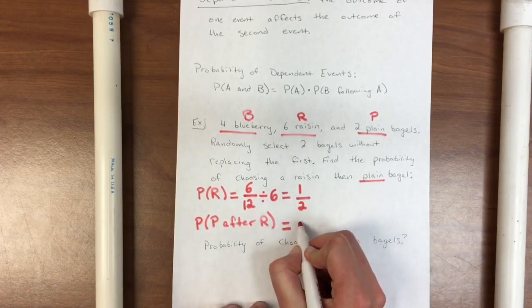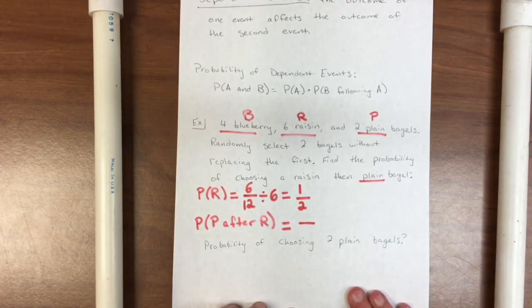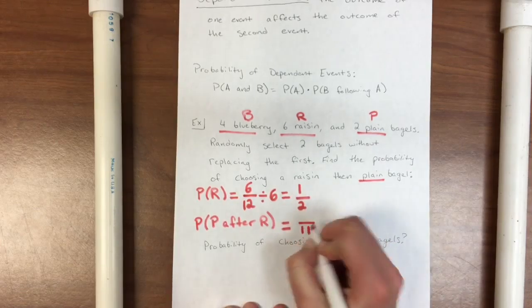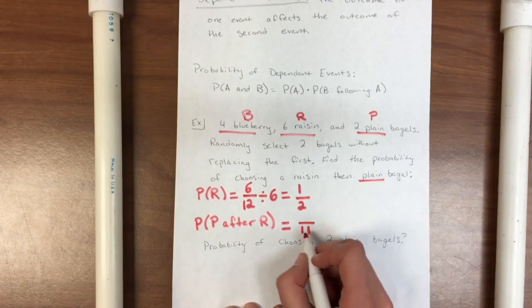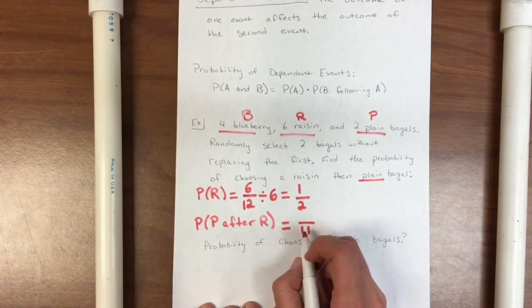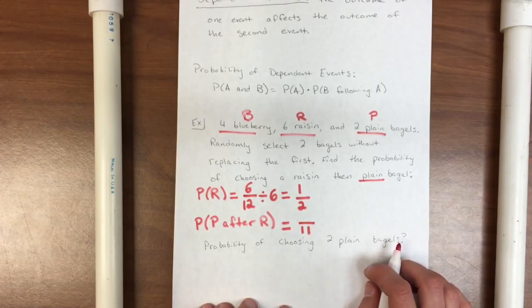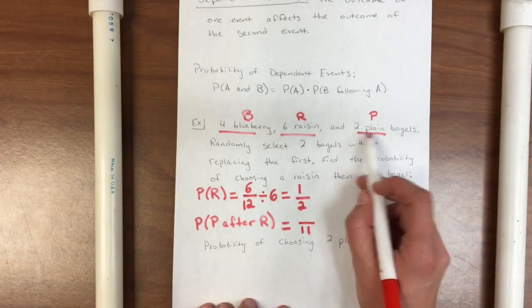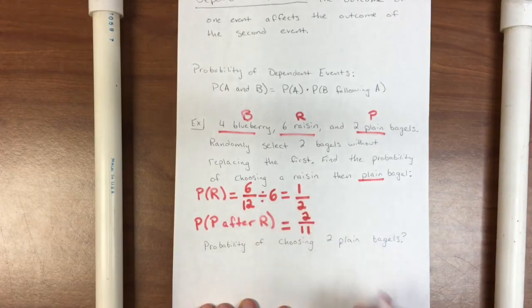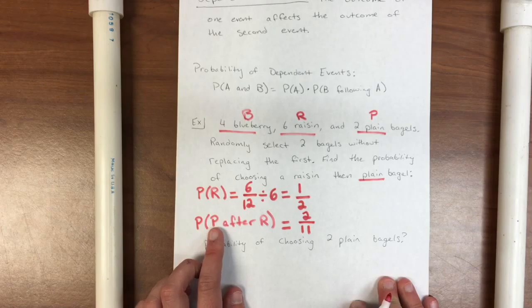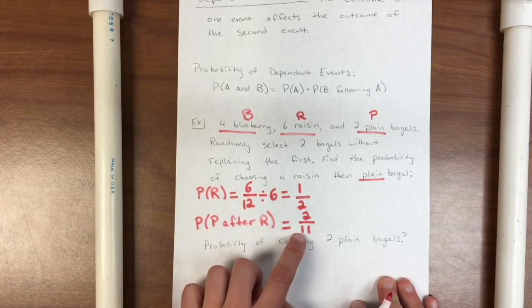So what is our total number of bagels going to be now? 11, because we had 12 and we took one away, so now we have 11. How many plain bagels are we choosing from? 2. We started with 2 plain bagels, so we have 2 to choose from. Can 2 over 11 be simplified? No, it cannot. So the probability of choosing a plain bagel after a raisin bagel is 2 over 11.